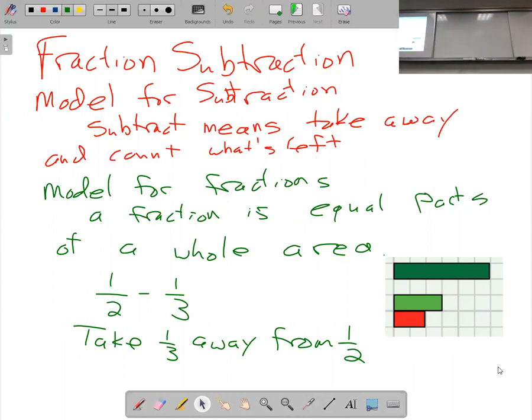So can I directly take away 1/3 from 1/2? No, I can't directly take it away. Now, if we were doing a comparison, that's a little different, but still, even with the comparison, I got to do something else. 1/3 and 1/2 aren't directly comparable. So what other shape could help us compare here?